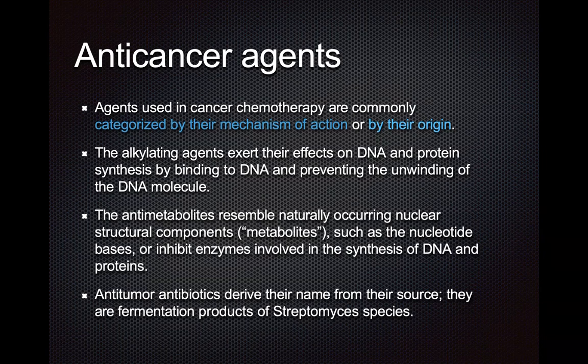The anti-metabolites resemble naturally occurring structural components or metabolites, such as nucleotide bases, or inhibit enzymes involved in the synthesis of DNA and proteins. Anti-tumor antibiotics derive their name from their source: they are fermentation products of Streptomyces species.